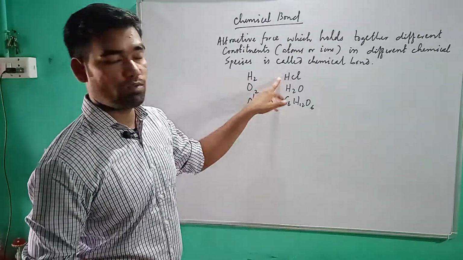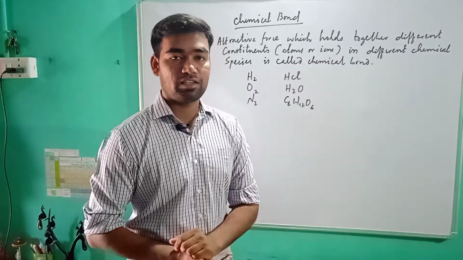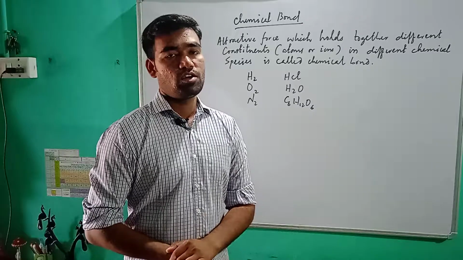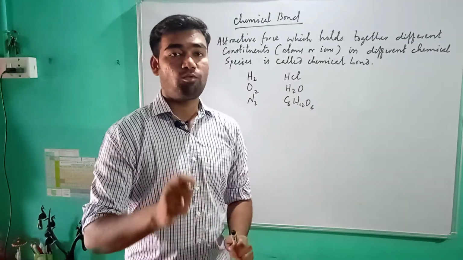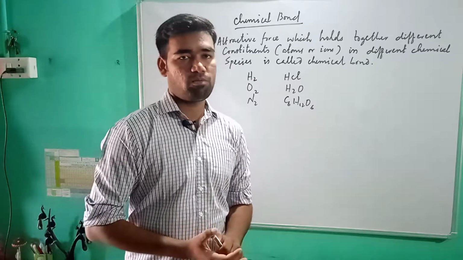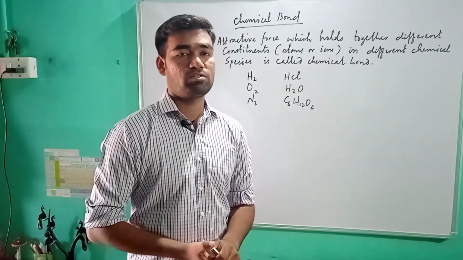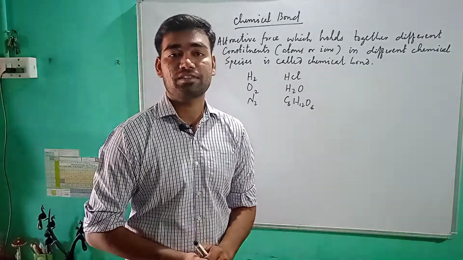Here one hydrogen and one chlorine atom are connected and they form a separate entity. That's called a chemical bond. So we'll be discussing the different types of chemical bond and why chemical bonds are formed. So in order to get the answer why chemical bond is formed, we have to keep in mind certain things.